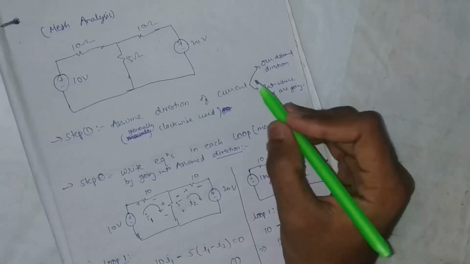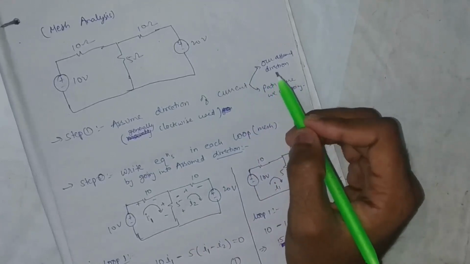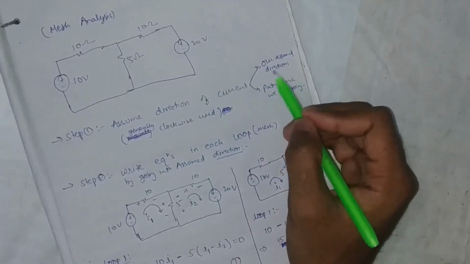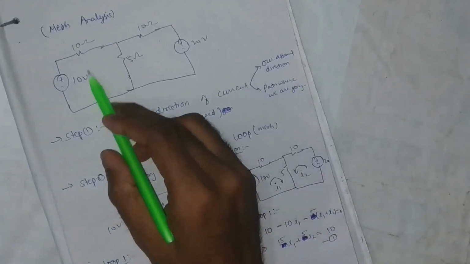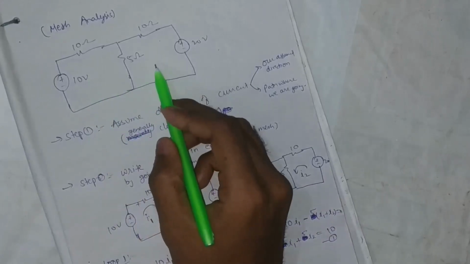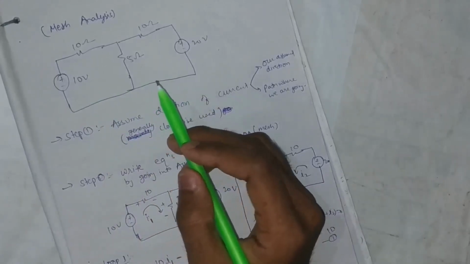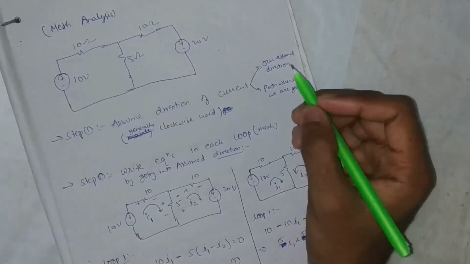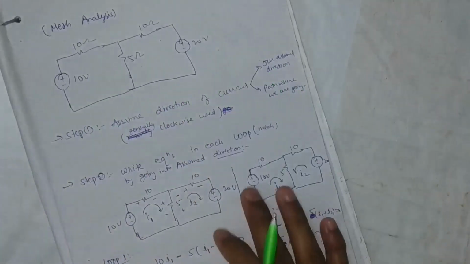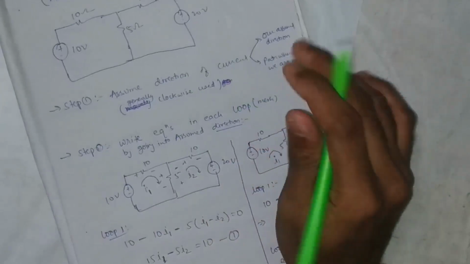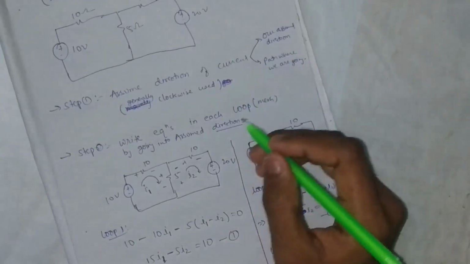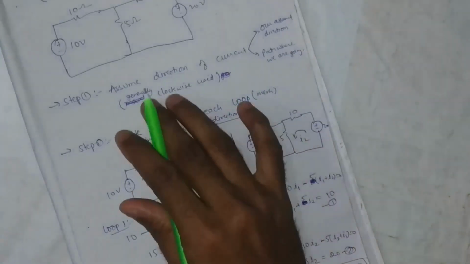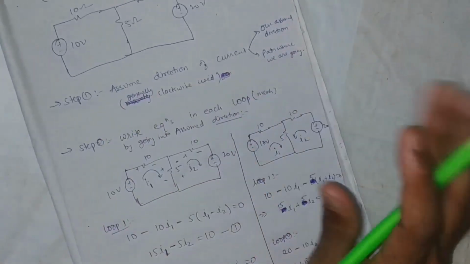Here we have to consider that there are two directions: first, the assumed direction of current, and second, the direction in which we go to write the KVL. When we solve the question we will see all these terms. So the first step is clear: we assume the direction.